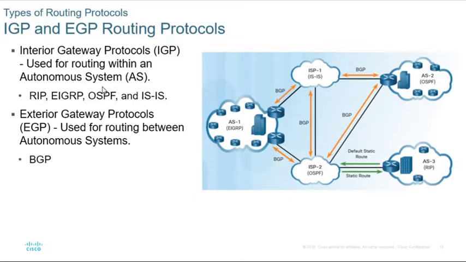It can also be a routing domain. EGP, on the other hand, is used for routing between those autonomous systems. An example of that is BGP, or Border Gateway Protocol.